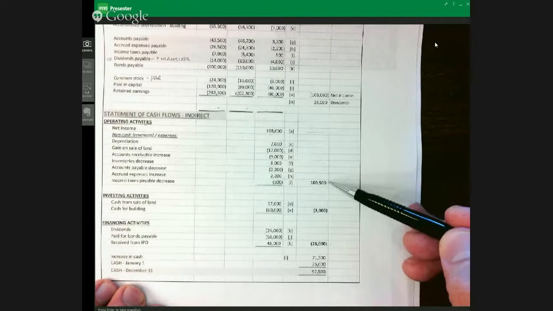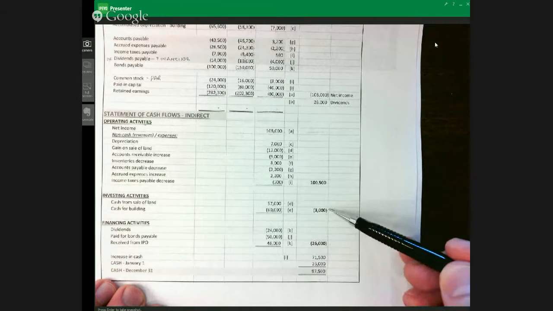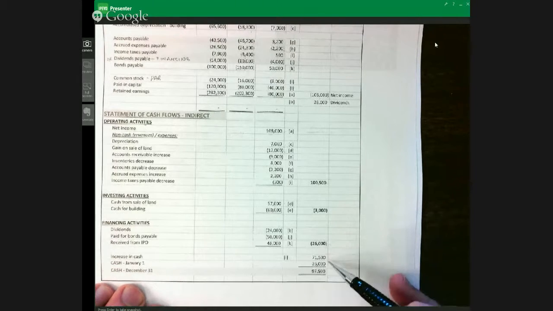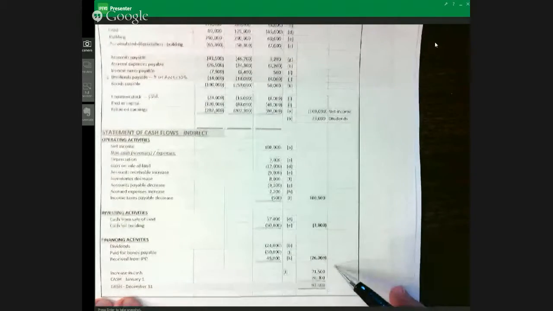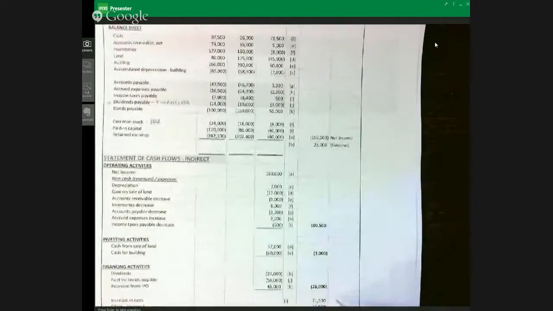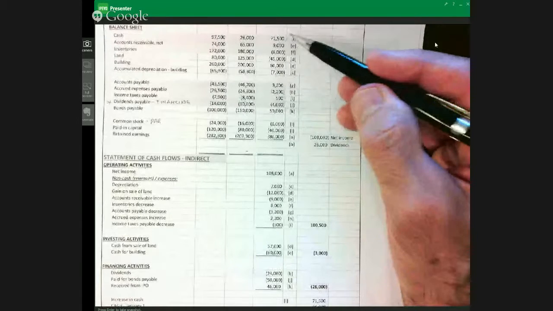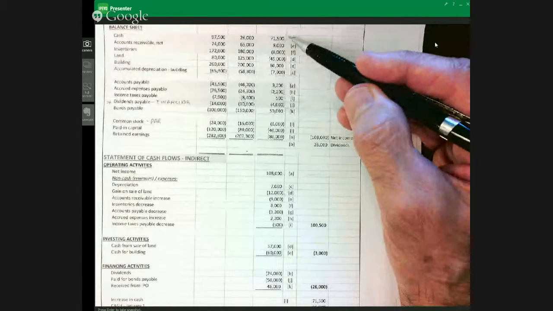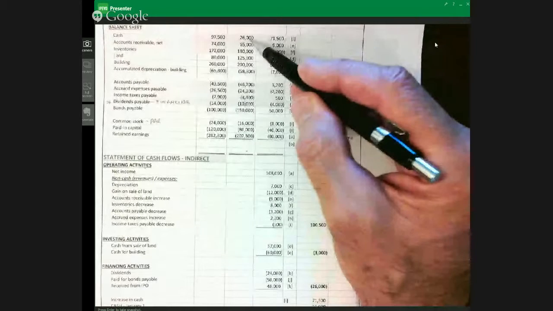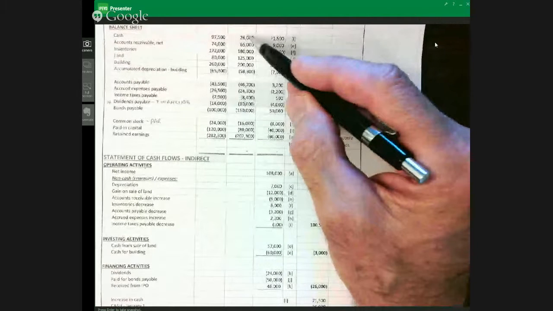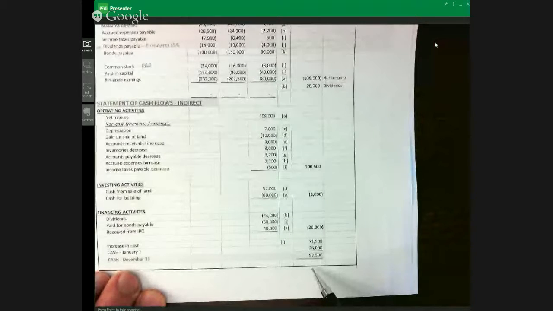Adding the cash inflow from operating activities and the cash outflows from investing and financing activities gives us an increase in cash of $71,500. That should always match the change in cash here. Add the beginning cash and you get the ending cash in the statements, $97,500.